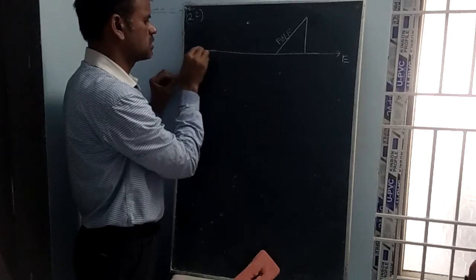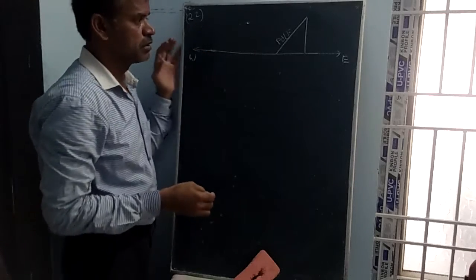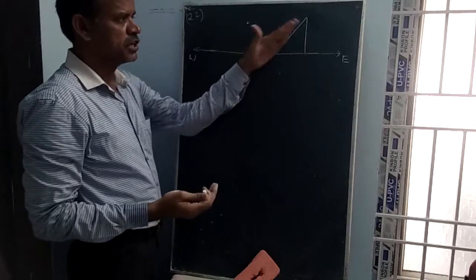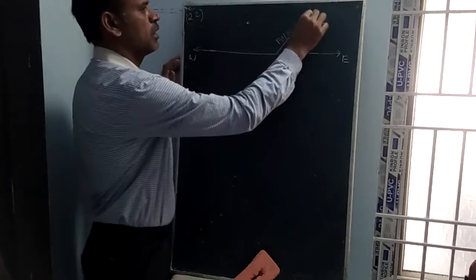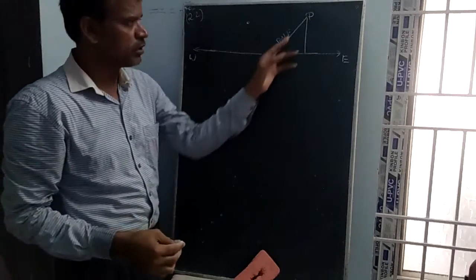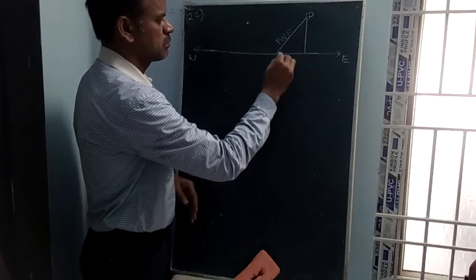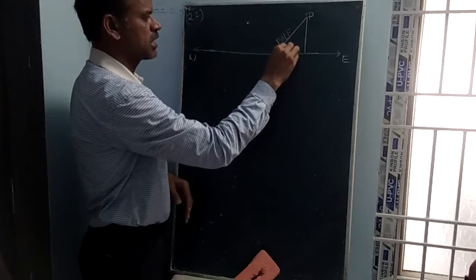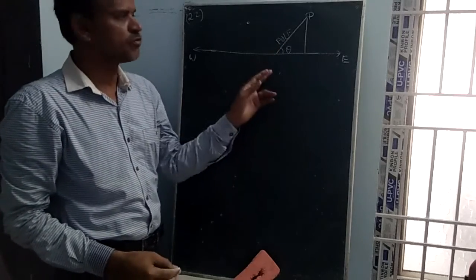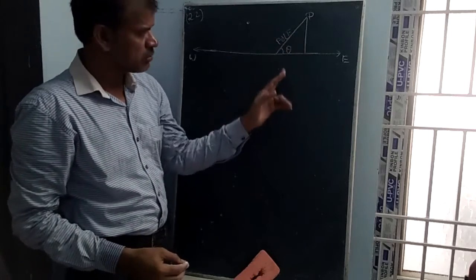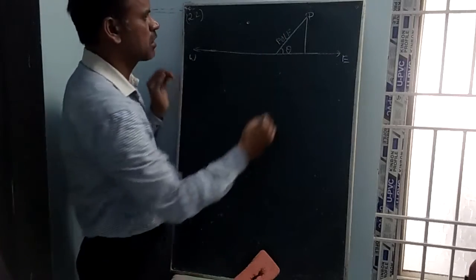East and west are in opposite directions. The pole is leaning towards east. Let the name of the pole top here be P. From P, this is a horizontal. The pole makes an angle theta with the horizontal. We should calculate this theta.